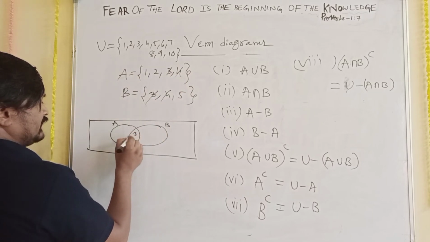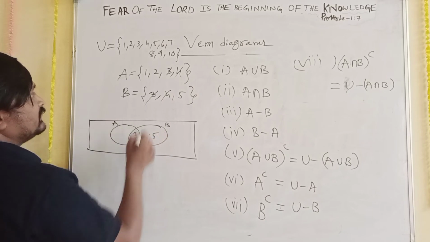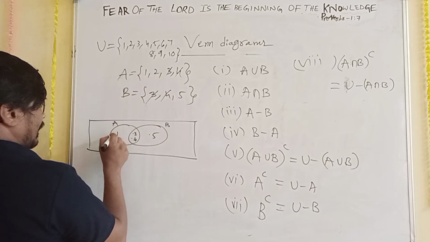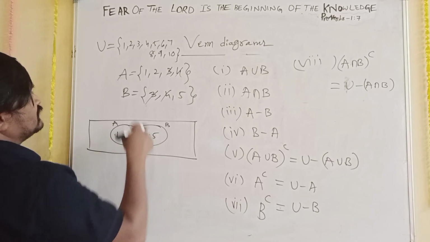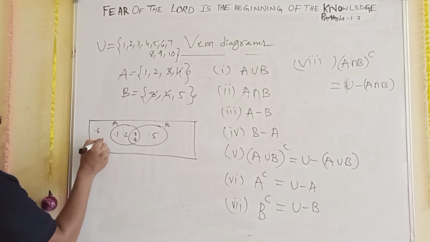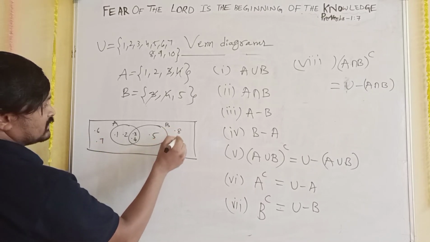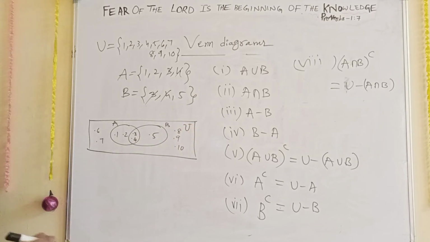So write here 3 and 4. And what is left in B, write here 5. And here 1, 2. And what is left? 6, 7, 8, 9, 10 will be outside. And this should be your universal set.